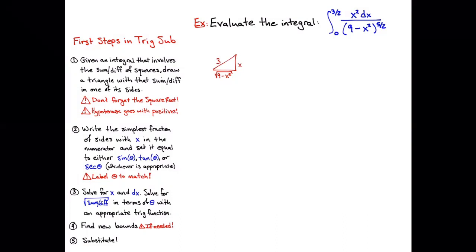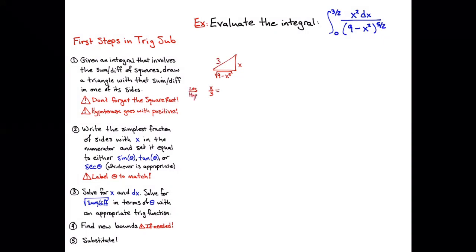Now, the simplest fraction I can make is x over 3. Right? I don't want to involve the ugly square root, so I'm just going to involve the x and the 3. And I want to be able to solve for x, so I want to put x in the numerator. I look at that and I say, oh, well, that's a leg over a hypotenuse.